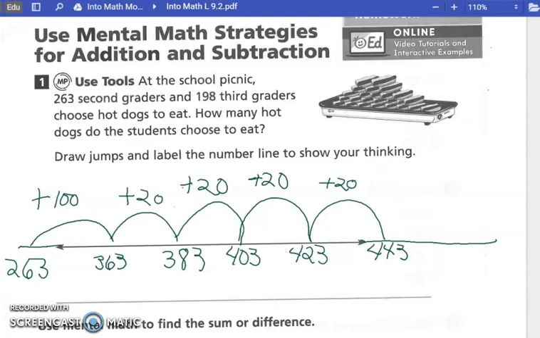So we're going to have to add 10 more to get to our 90, and that's 553. And then we're going to have to add our 8. So plus 8. And we know that 8 plus 3 is 11, right? That made us regroup one. So we should be at 561.